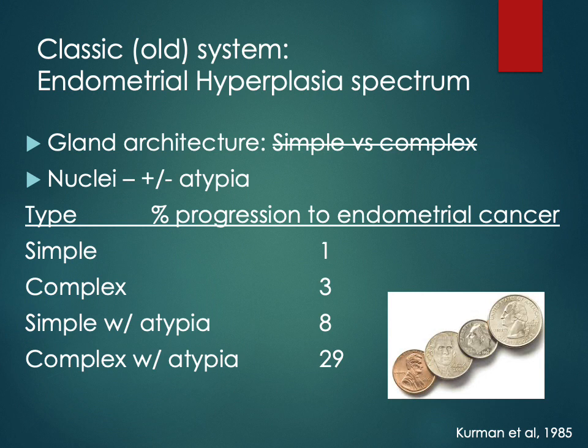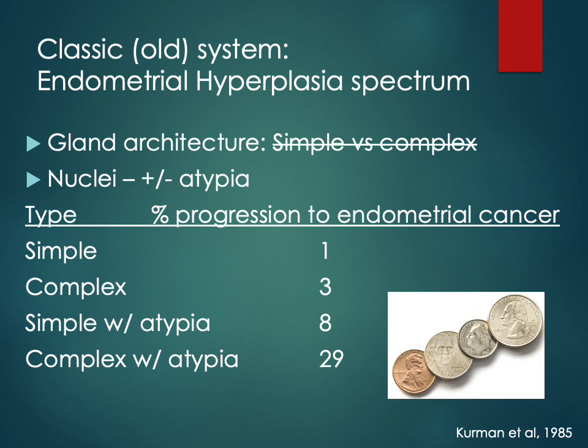I always learned it as the penny, nickel, dime, quarter approach as far as the risk of progression to endometrial cancer. And the problem is there was some lack of correlation between different pathologists.